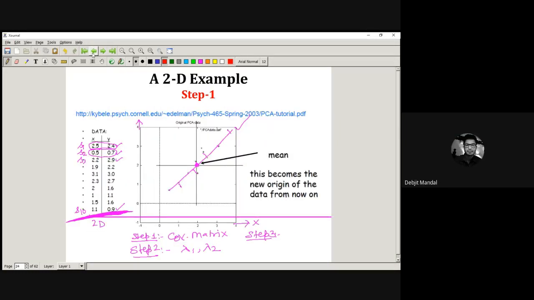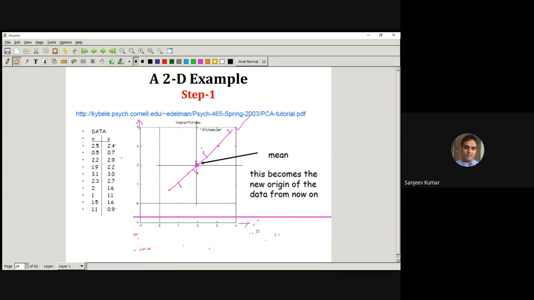Sir, how are you finding the covariance matrix from here? Can you please explain again, very simply? It's not that difficult. Let me do it. I told you the definition, but from here itself, you can directly find it. First you find the mean of this column, let us say mu x, and the mean of this one, mu y.